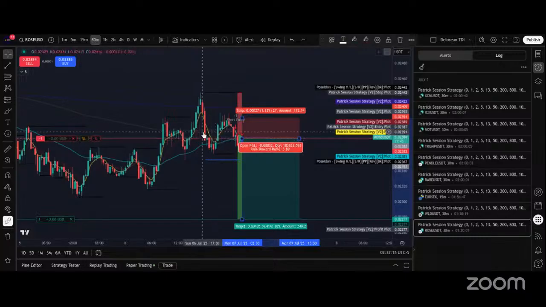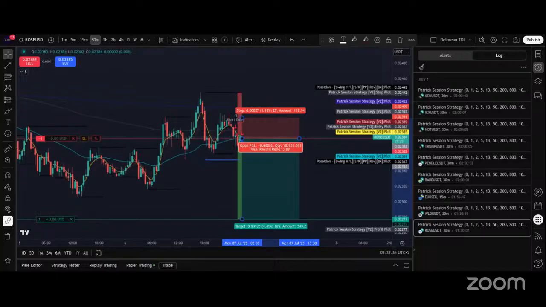It's going to be a 3.89 risk to reward ratio.